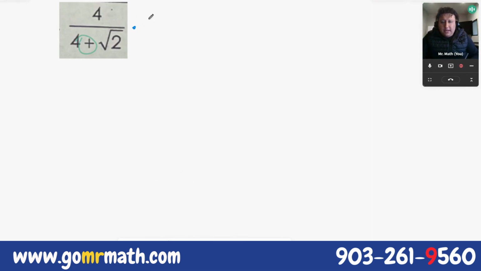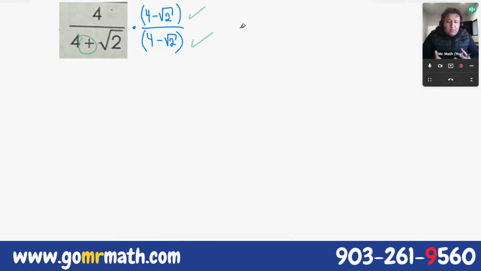This will be times 4 minus root of 2 on the numerator over 4 minus root of 2 on the denominator. Remember, every time we do these rationalizing processes, we need to multiply the numerator and denominator by the same expression. If we do not, we're basically changing the fraction, which is not correct.